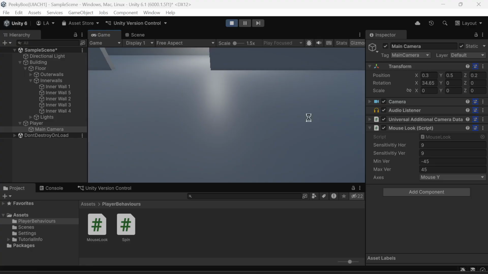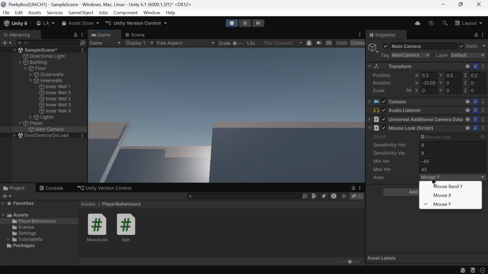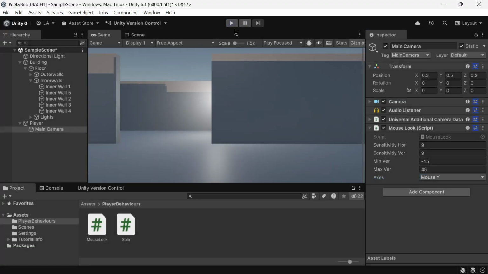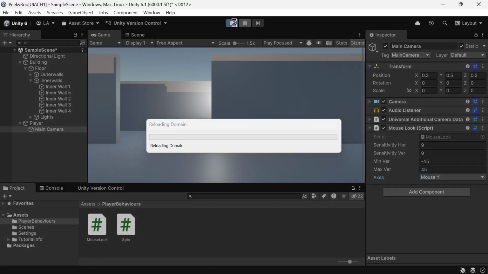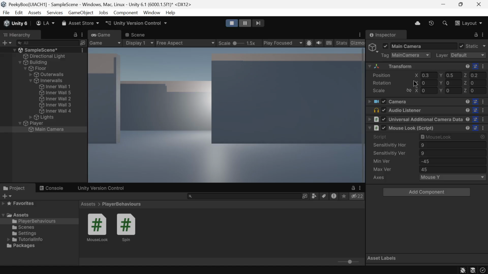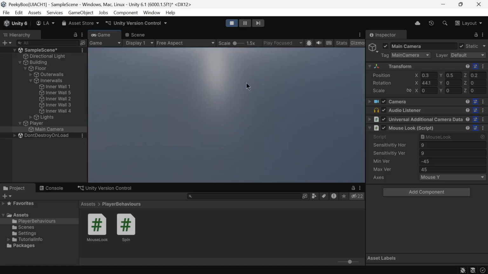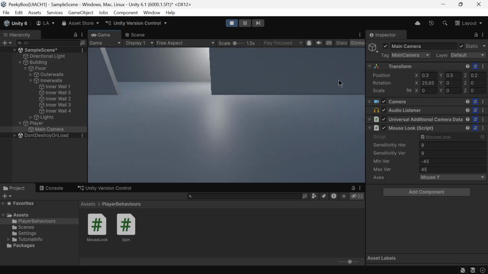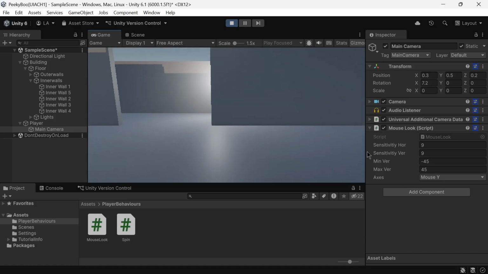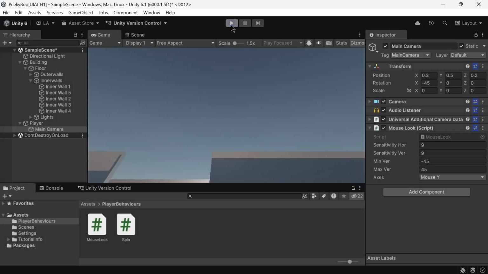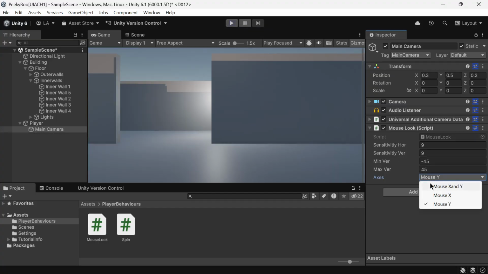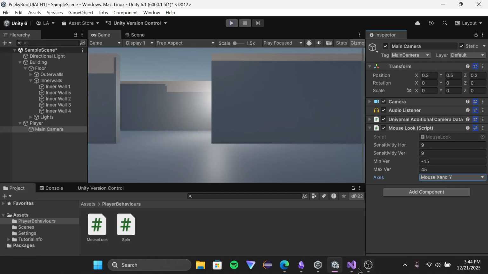So let's apply that. Within the inspector of mouse look, we now change the axes to X and Y. When we do that, just look at this section here. Wait, did I have X and Y here?